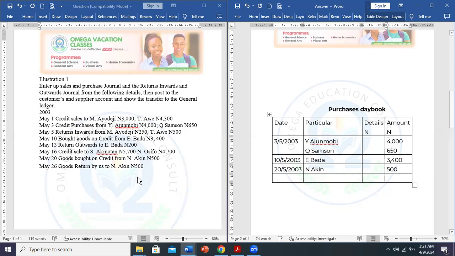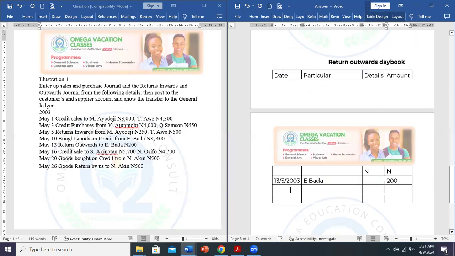And then the last one is 26th, returned goods or goods returned by us to N. Akin. So we are returning goods to N. Akin. So that's return outwards. So we go into our return outwards book. 26 May 2003. And Akin. Put the 500. And that is all.